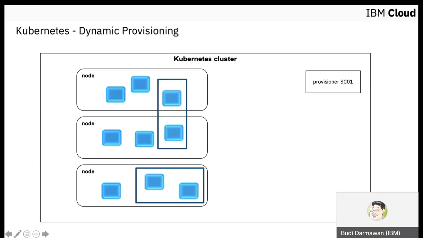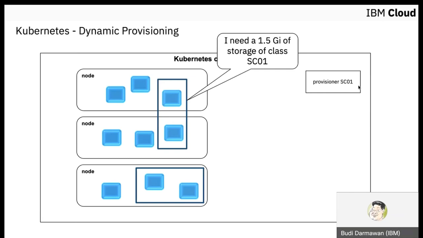When you have a storage class, you will create something like a provisioner, something that can provision storage. For example, you have a storage class SC01. This is a mock storage class, so this can be anything like gp2 or NFS or anything.